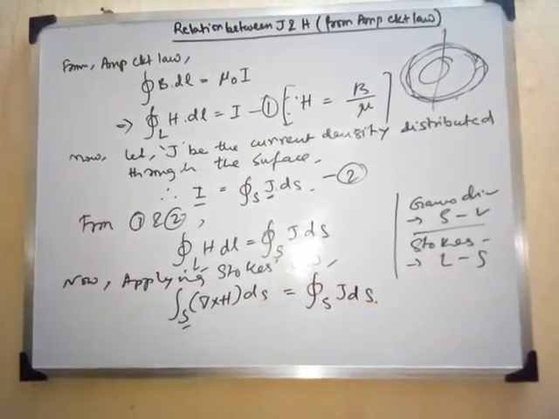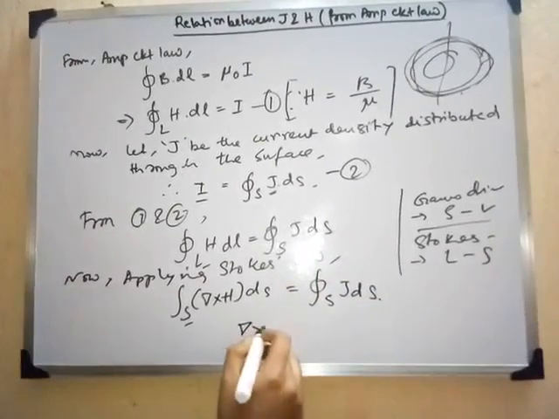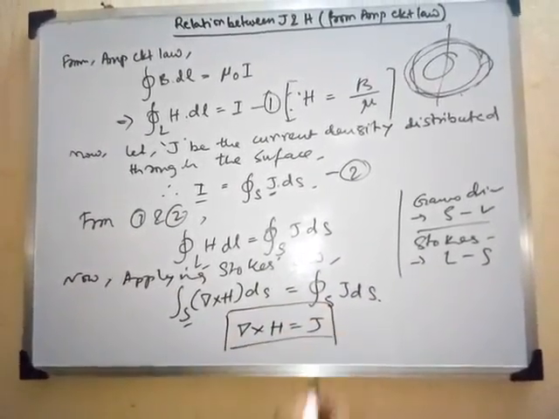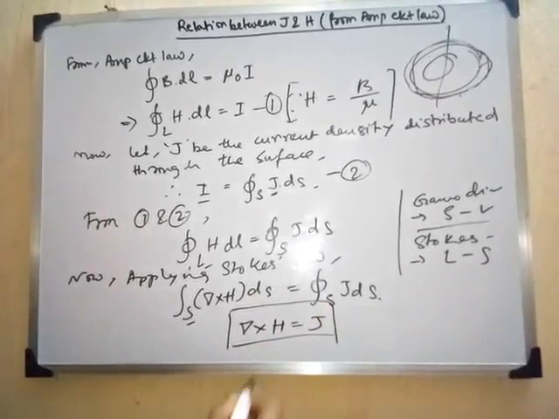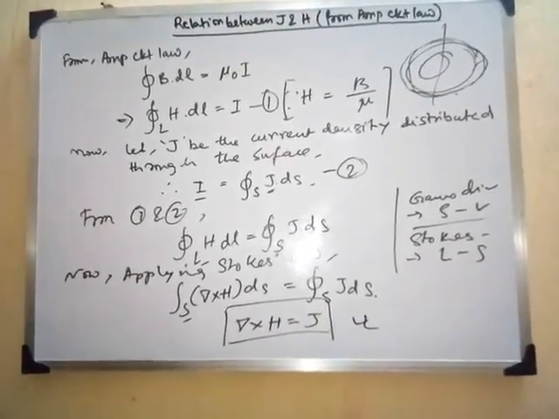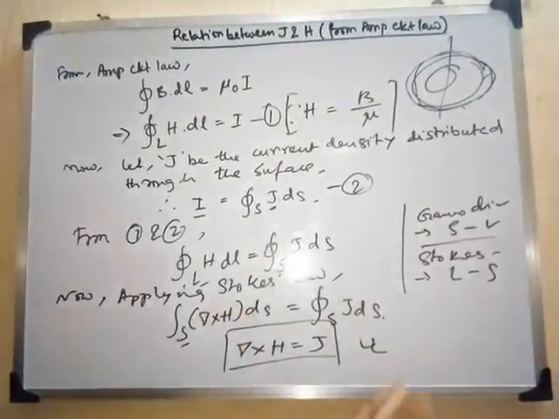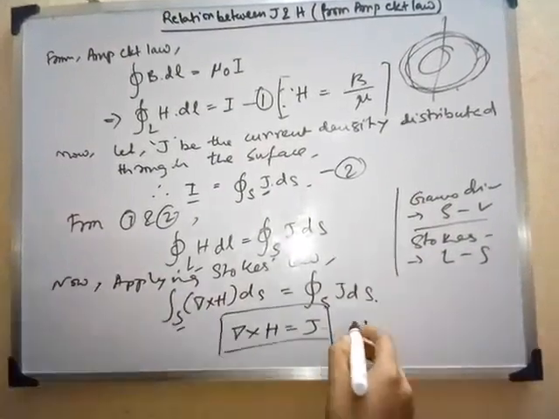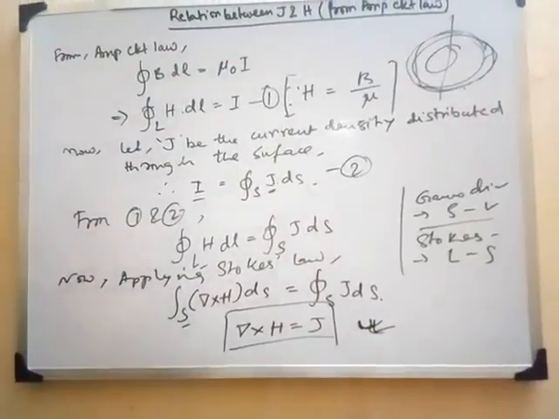So from this equation we can write that del cross H is equal to J. This is our final expression, the relation between J and H. This is an extremely important relation. You have to remember this, because in our discussion coming next we will always apply this particular relation.